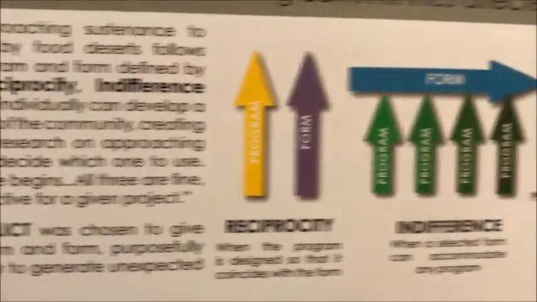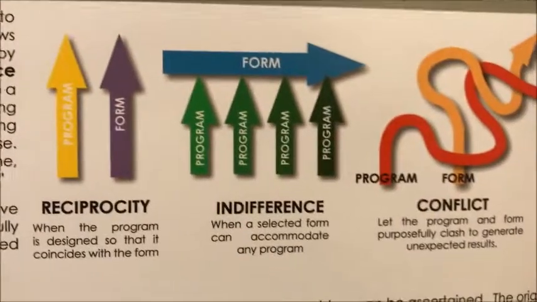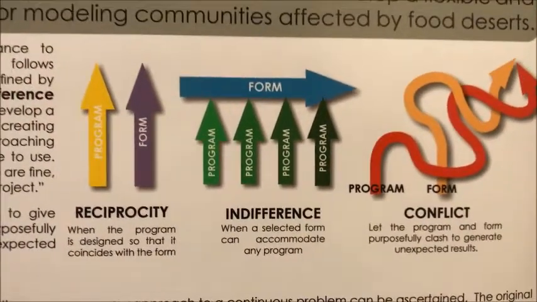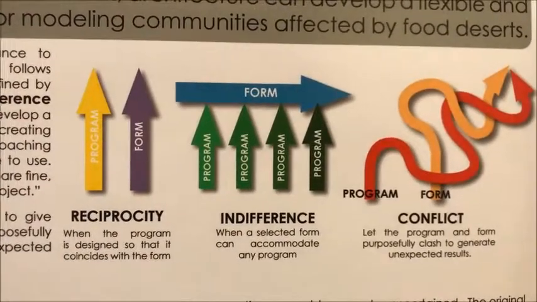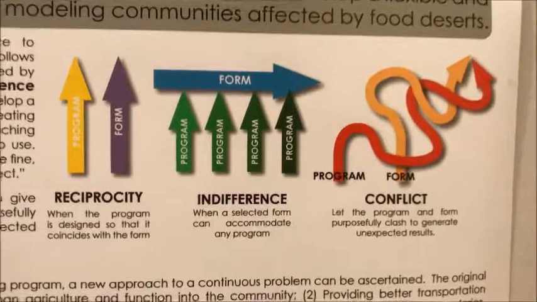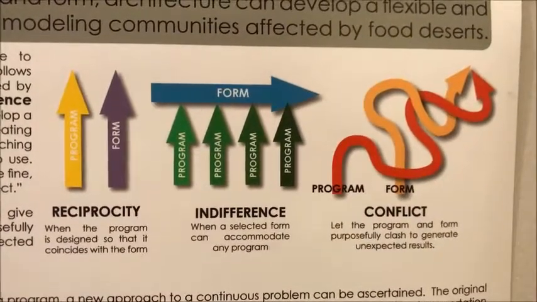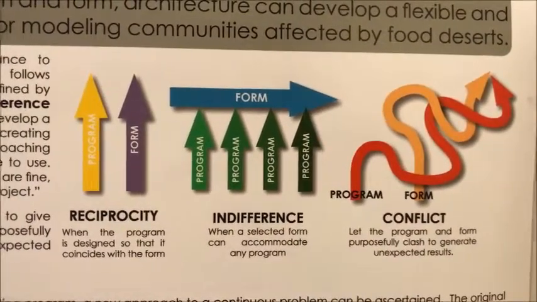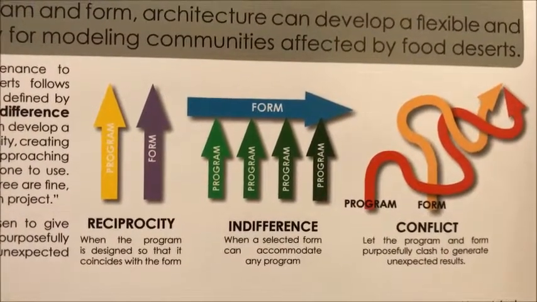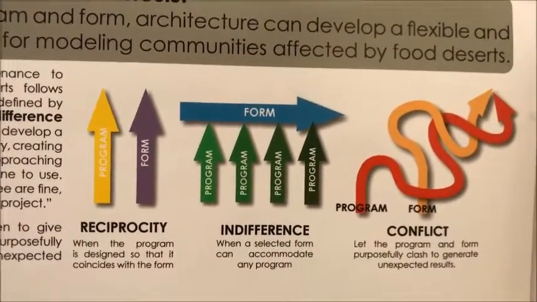Indifference is when a selected form can accommodate any program. And finally, conflict lets the program and form purposefully clash to generate unexpected results. In this scenario, conflict was chosen to give freedom to the program and form, purposefully clashing with each other and generating those unexpected results.